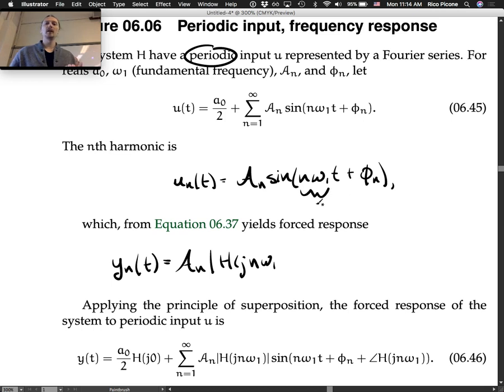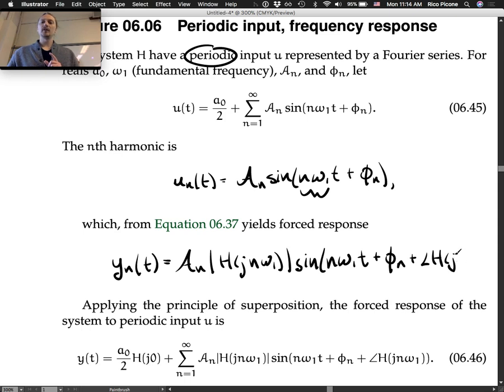N omega 1. So the magnitude of that frequency response function at that frequency times the sine of n omega 1 t, so the output has the same frequency as the input, plus the original input phase, phi n, plus the phase of the frequency response function evaluated at that frequency.